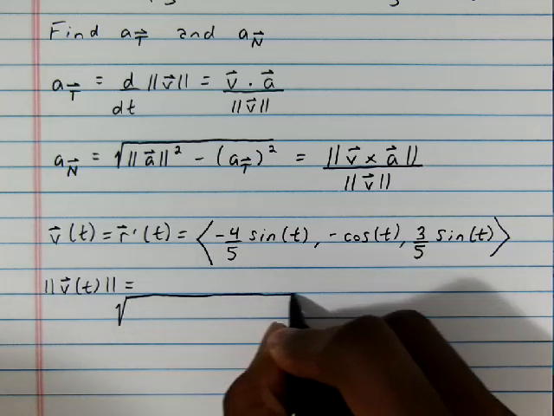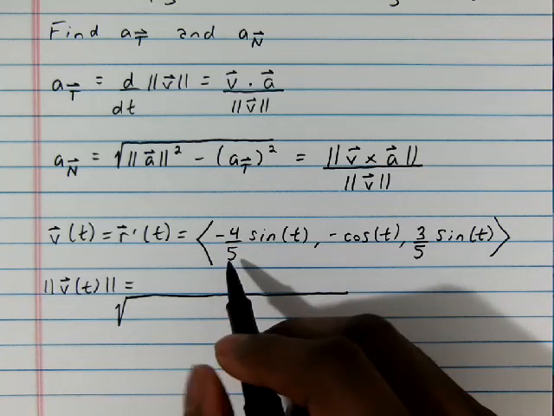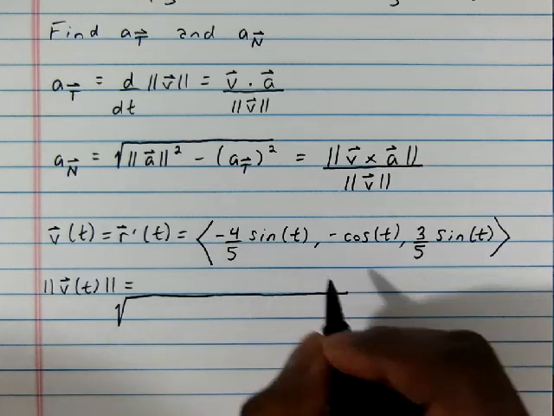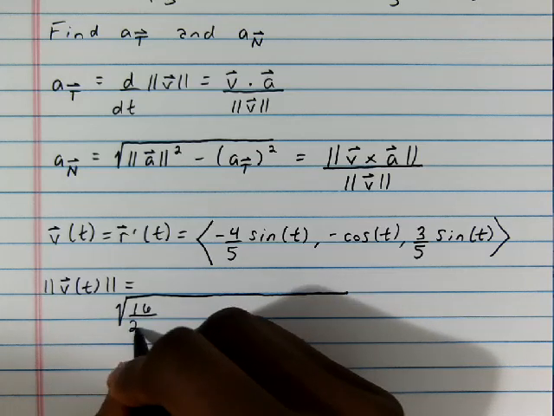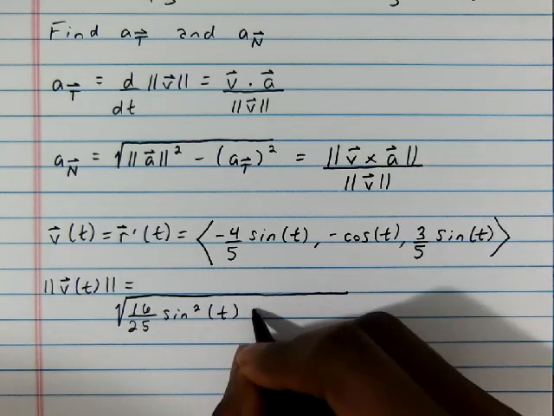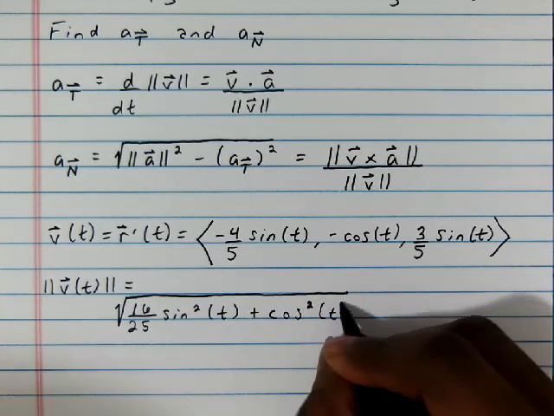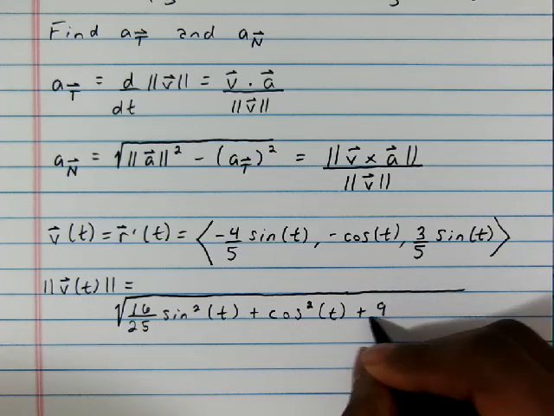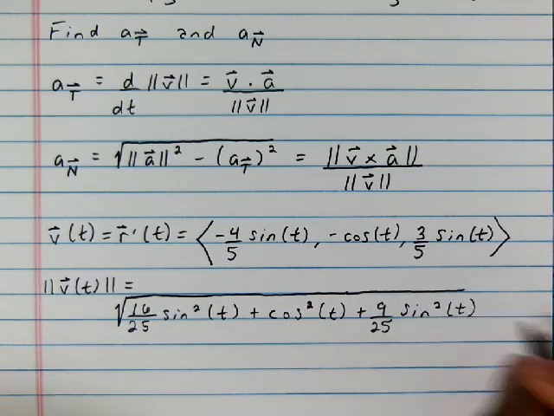Equals the square root of, so the 4/5, we're going to get 16 over 25 sine squared t, and then plus cosine squared of t, and then plus 9 over 25 sine squared t, which was nice of them.